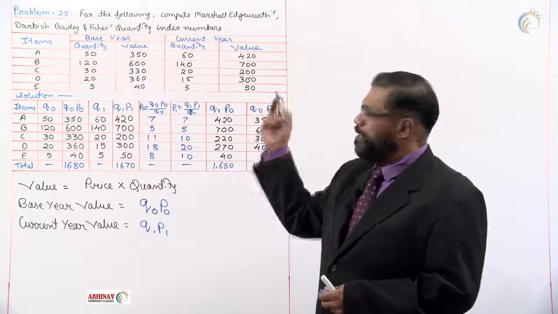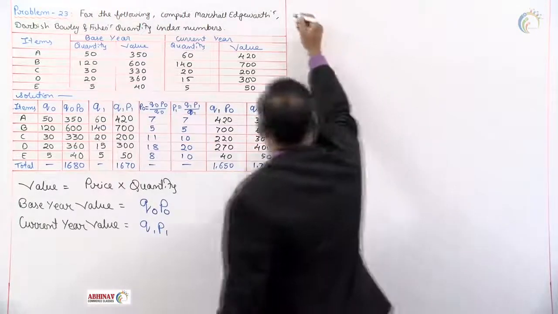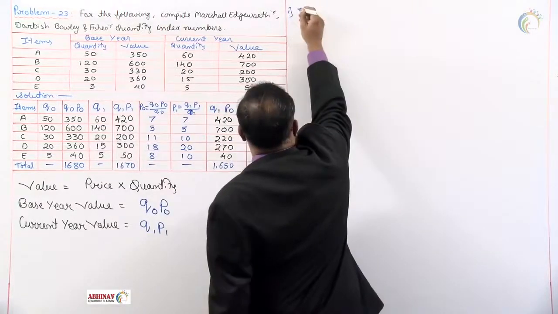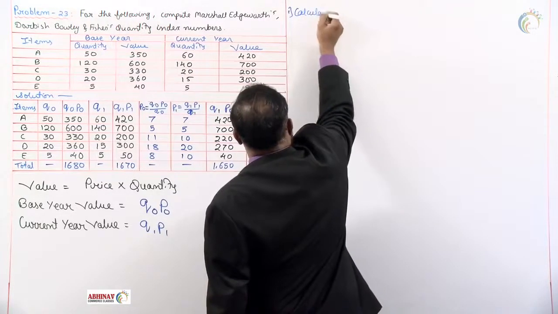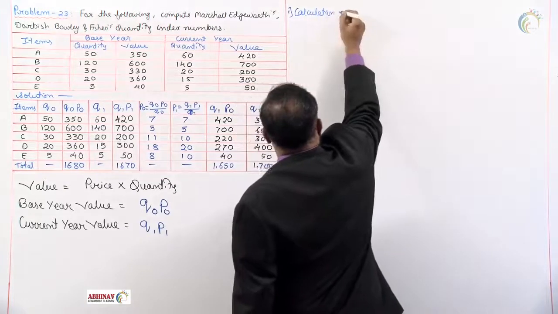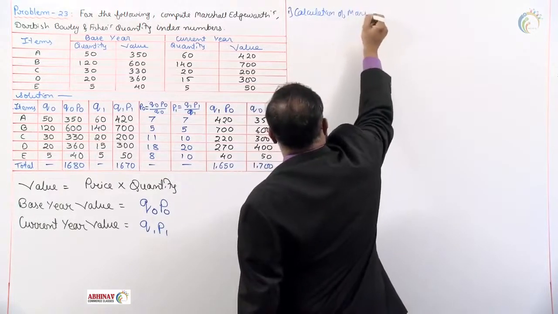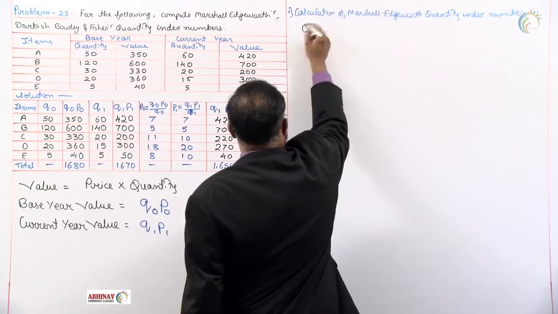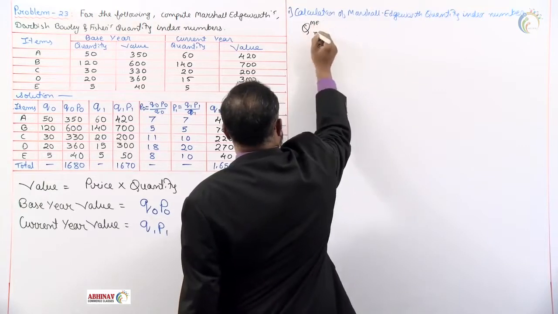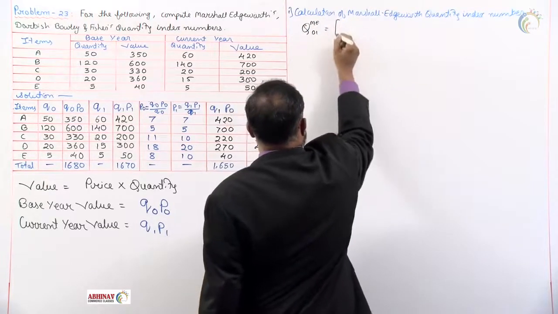Marshall Edgeworth, Dorbish-Bowley and Fisher's. Let's see the first one. Formula for Marshall Edgeworth. Calculation of Marshall Edgeworth quantity index number.